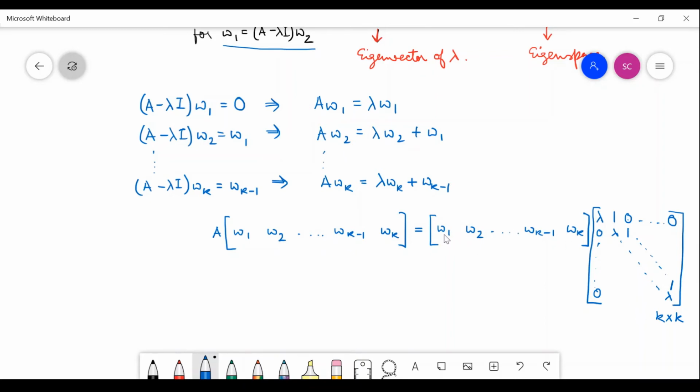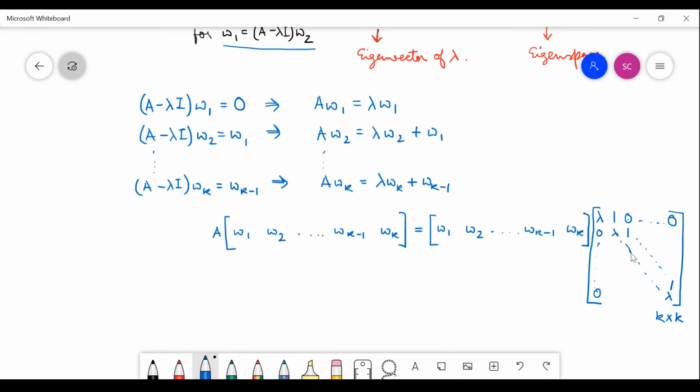You can easily read it. The first column of this matrix multiplication is nothing but lambda omega 1, which is nothing but A omega 1. The second column is 1 into omega 1 plus lambda omega 2, that is nothing but A omega 2.